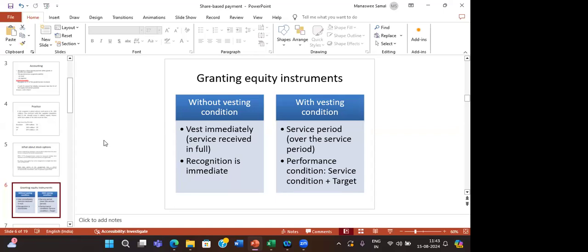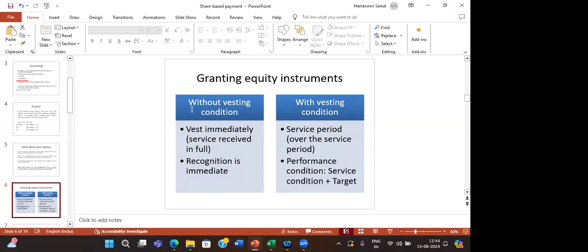Quite possible, in recognition of past service to the company, I'm issuing some shares today. So here there is no vesting condition attached because it is vesting immediately, because you are recognizing the past service. Some of the employees give exemplary contribution to the company. They're very devoted people. They work for long hours, not just long hours, they give quality output. It's at the discretion of the top management to take a call on it. So that could be the possibility.